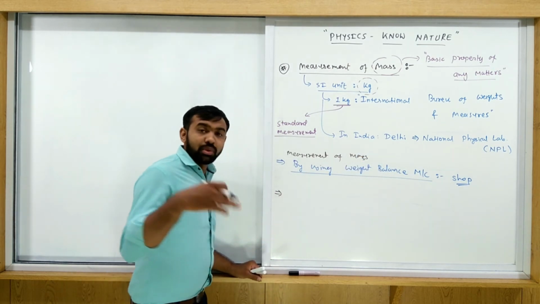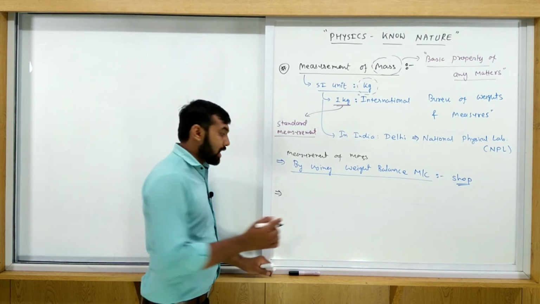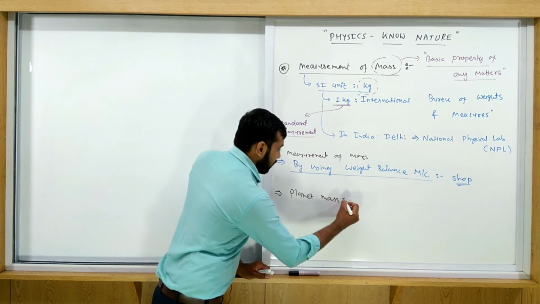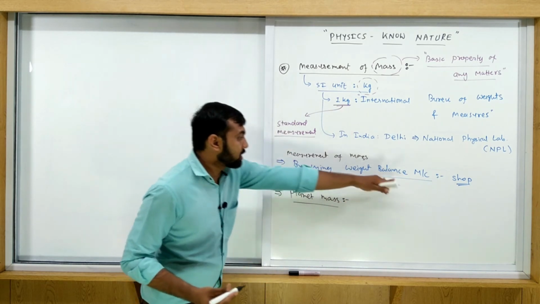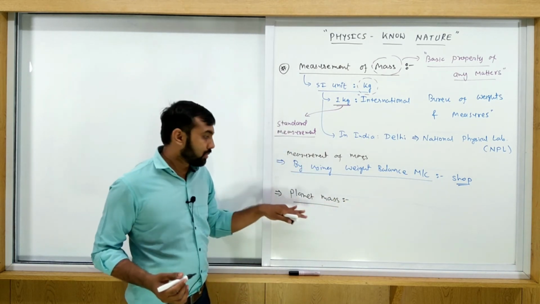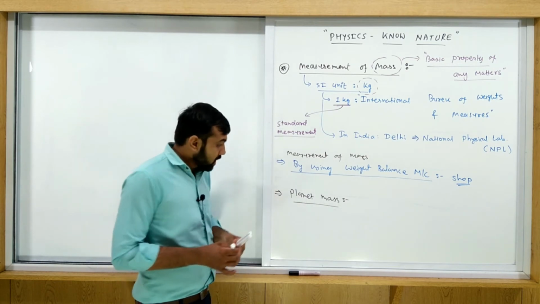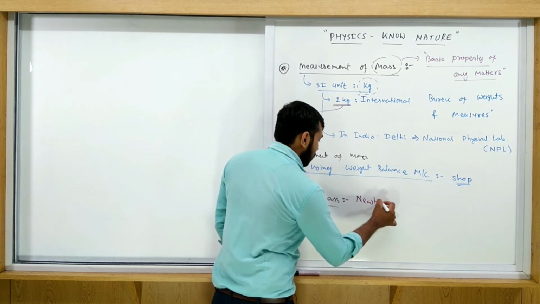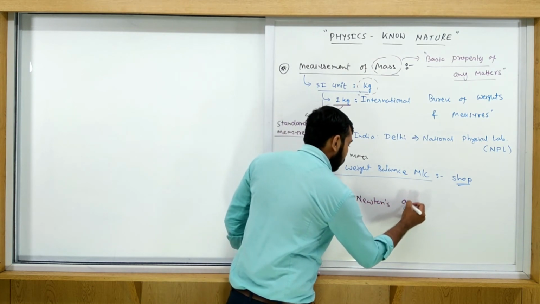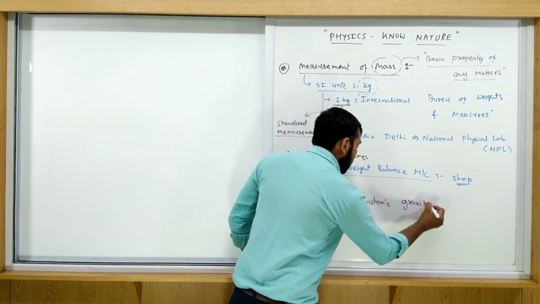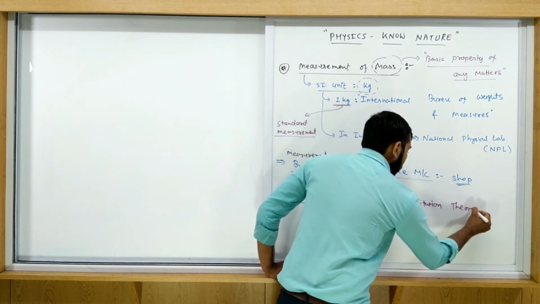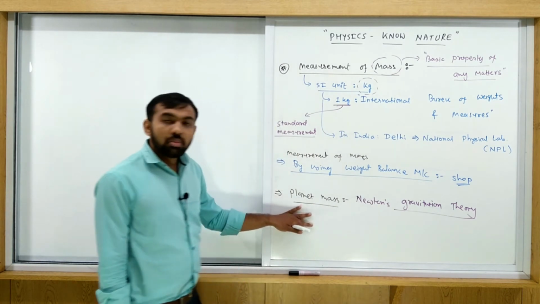But if you want to measure a very large mass, like the mass of a planet, then this weight balance machine is not useful to measure the mass of different planets. So here we use Newton's gravitation theory to measure the planet mass.